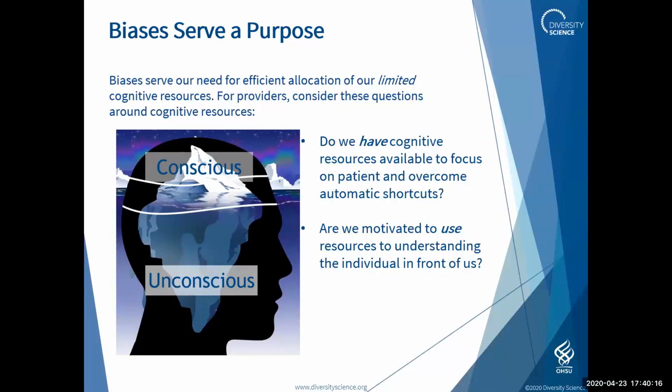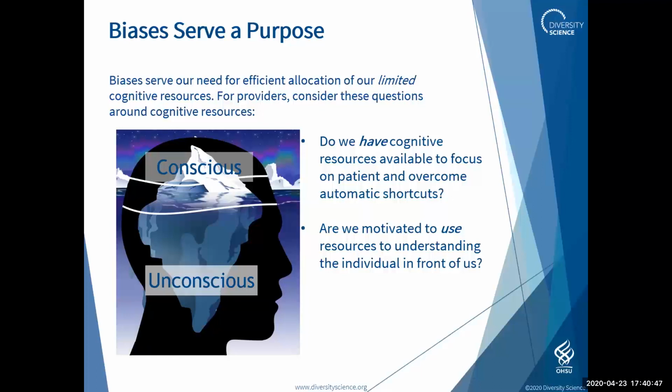But one of the challenges we have is that our automatic decisions about whether to use the resources to engage in perspective taking, which is effortful, will be driven by the unconscious thinking system. So part of what's going on is that system is asking, do we have the resources to really think about others in an empathic, connected way? Or do we want to save those cognitive resources, that energy?